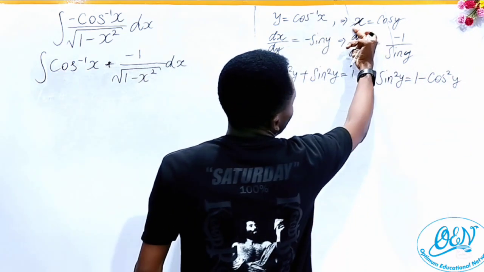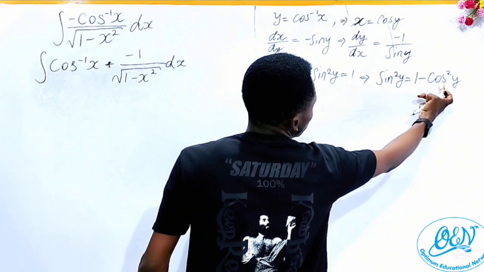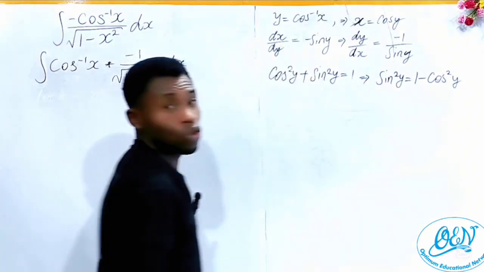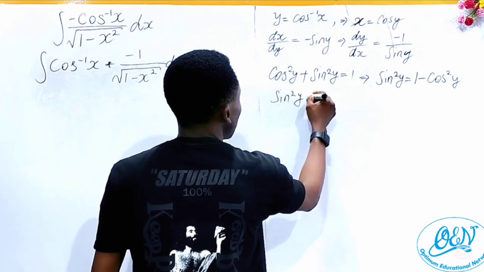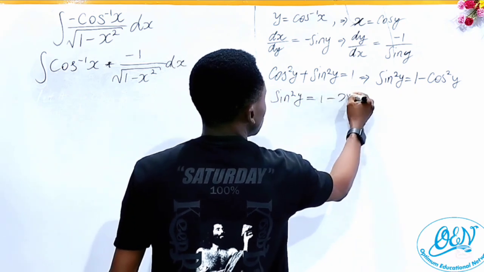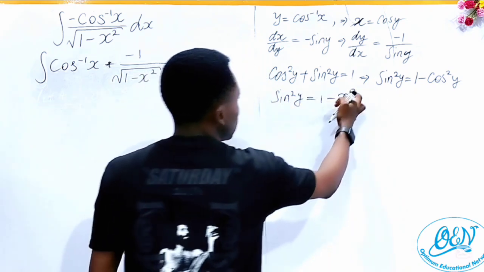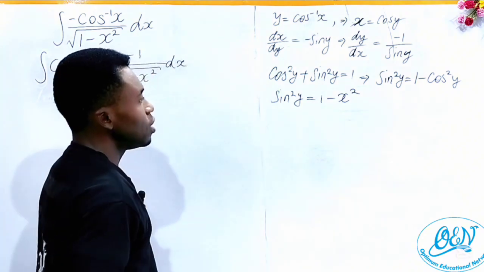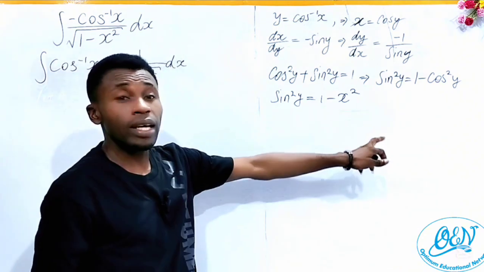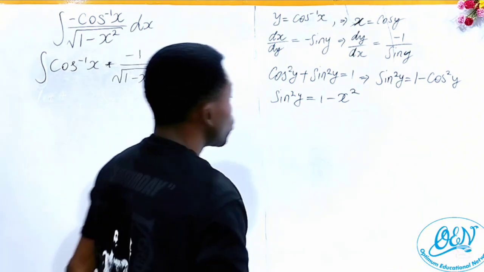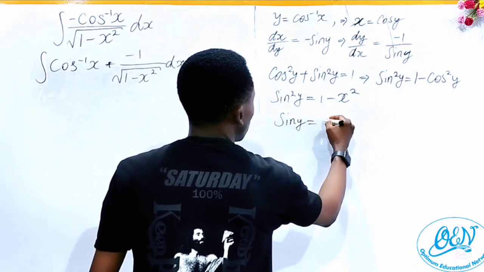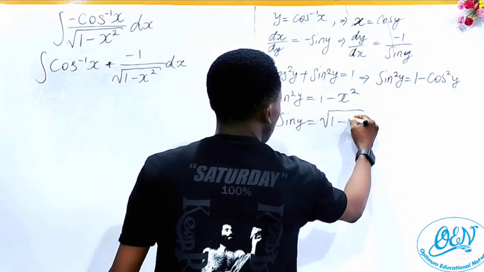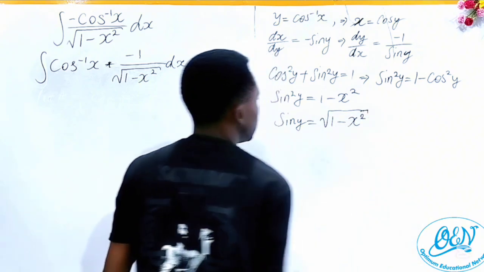Now remember that x is equal to cos y, so cos squared y will be equal to what? x squared. So sine squared y is equal to 1 minus x squared. If we take the square root of both sides, we'll have sine y equal to the square root of 1 minus x squared.